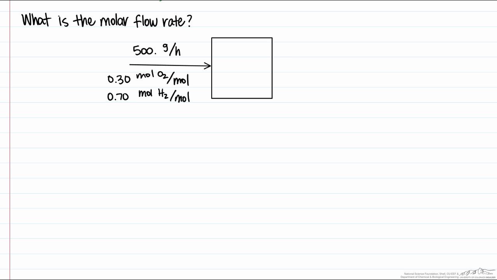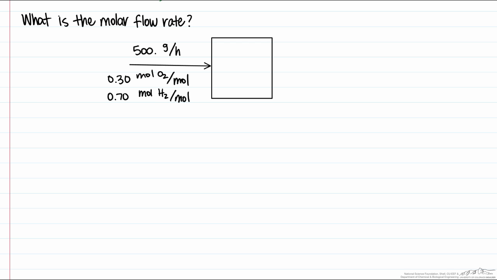So let's use this in a problem. Here we have some unit, and we have 500 grams per hour of a mixture that is 30% O2 and 70% H2, and these are mole fractions. And we want to know what is the molar flow rate. Well, let's take our average molecular weight, which we calculated before as 11 grams per mole.